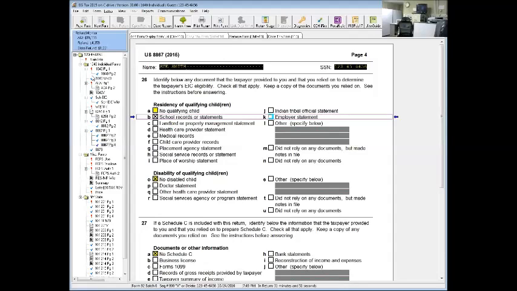Jim's AGI is 24, and Shirley's is 15. Shirley and Jim cannot agree on who should take the child. They want the IRS to decide. Is Shirley allowed to take the credit? No. Why? Because of the tiebreaker. If there's a tiebreaker with the parents, the IRS is going to take the parent that has the higher AGI.